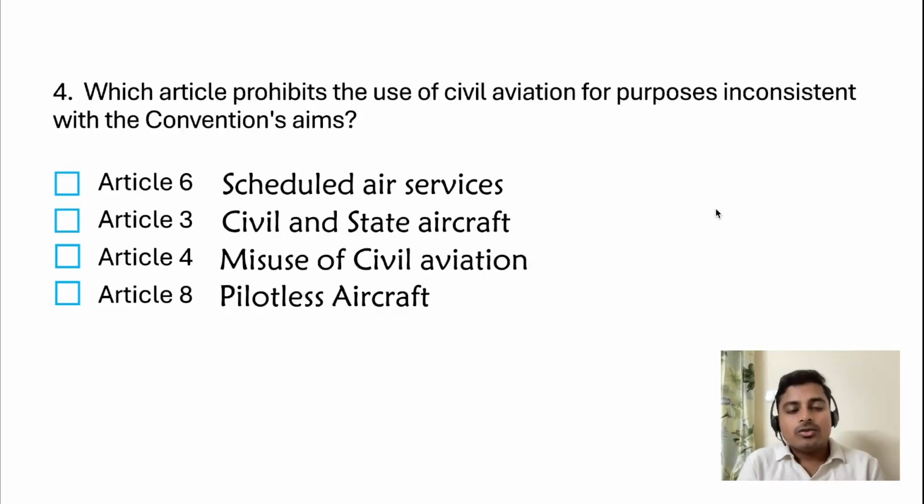And Article 4 is the one which talks about the misuse of civil aviation, misuse of the rights available to civil aviation. There could be misuse like smuggling or spying on another country. So a country cannot use the civil aviation rights under Chicago Convention for any of these purposes. So the correct answer is misuse of civil aviation, Article 4.